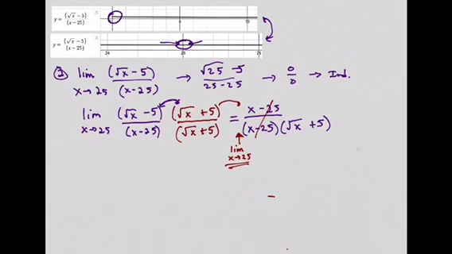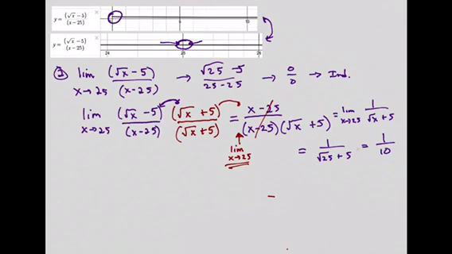So for the next phase of this problem, those two terms would cancel out, so I would have the limit as x approaches 25 of 1 divided by the square root of x plus 5. Now if I evaluate the limit there at 25, I have 1 divided by the square root of 25 plus 5, and that leads to 1 over 10, 1/10.